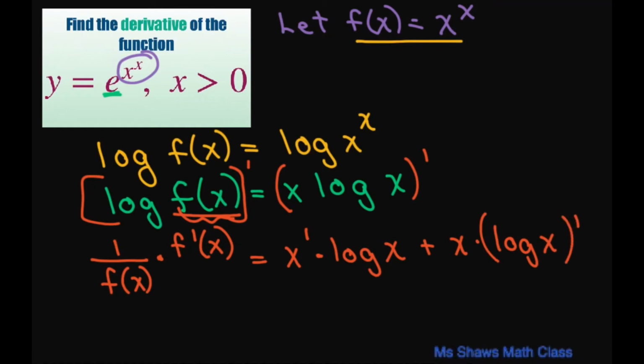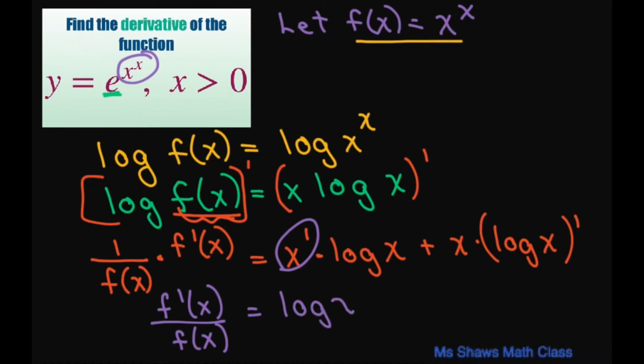All right, so let's see what we get. This part here is just going to be f prime of x divided by f of x. The derivative of x is just 1, so we get log of x. And this is going to be x times 1 divided by x, so this just equals 1.